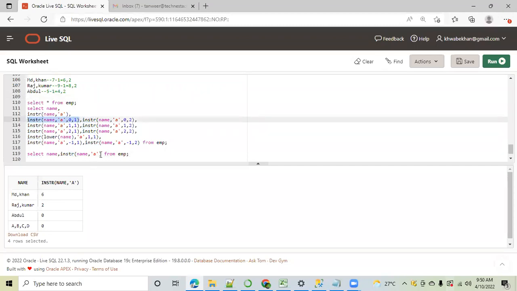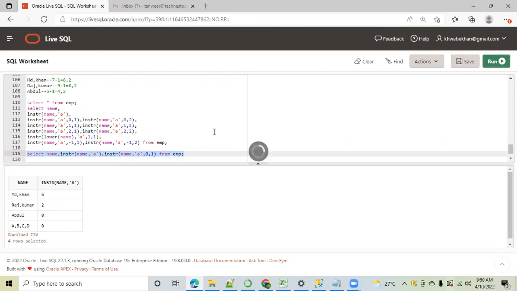Now again, this has a few variations which you should know. Comma 0, comma 1. These are all coming as 0. Sorry, this is a bad example. First of all, all are 0. Why? Let me tell you one more example.